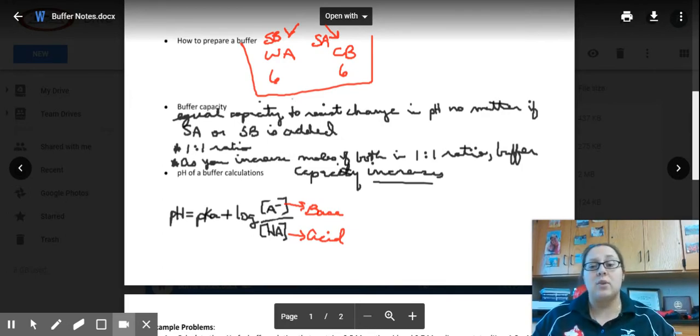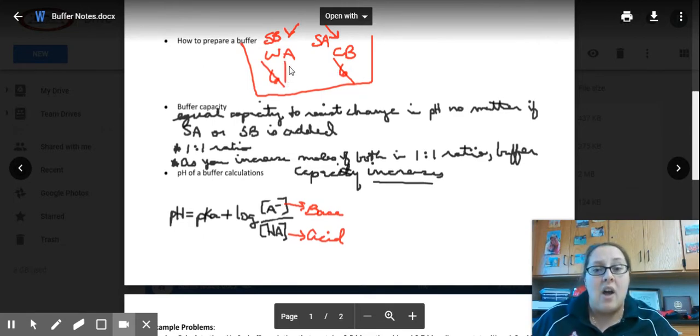Now, if I want to increase my buffer capacity and make it even stronger, this is nice because it's a 1-to-1 ratio, but if I want to make my buffer even more resistant to a change in pH, then what I want to do is increase the amount of weak acid and conjugate base in a 1-to-1 ratio.